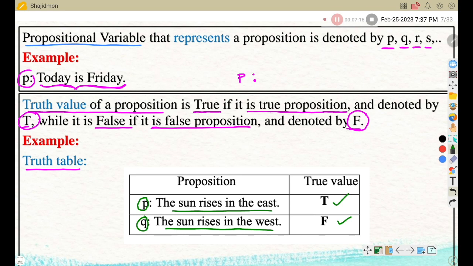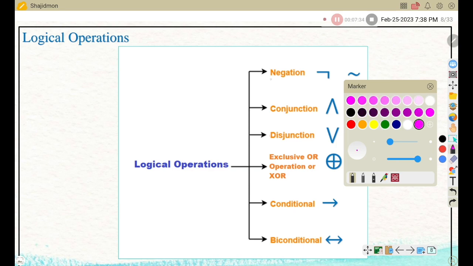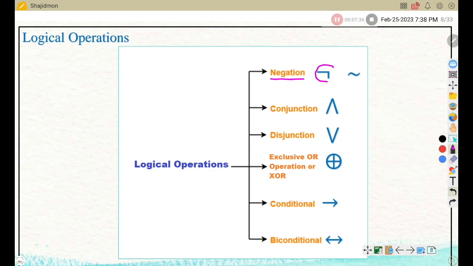Okay, now let's go to the next idea. What we are discussing is logical operations. What are the logical operations we are using? Mainly we are studying negation operation first. Negation, you can use this symbol or this symbol. Both I am using in this topic.